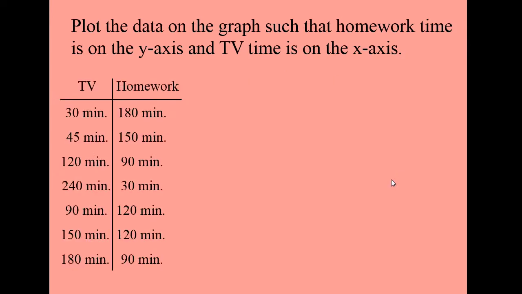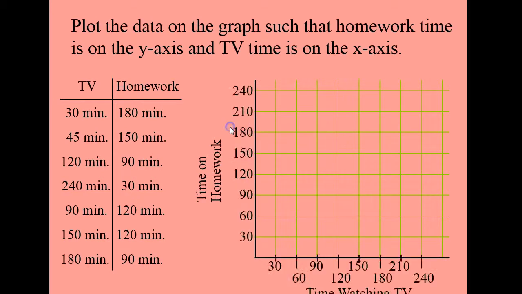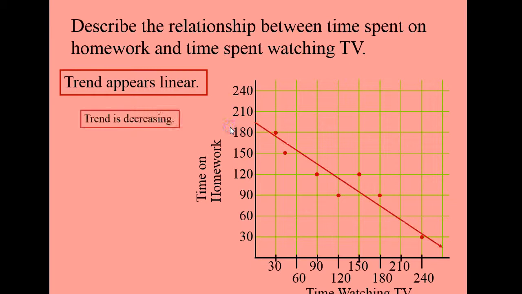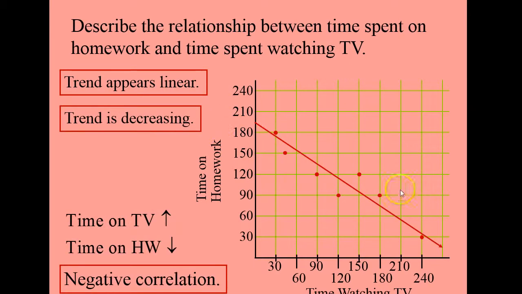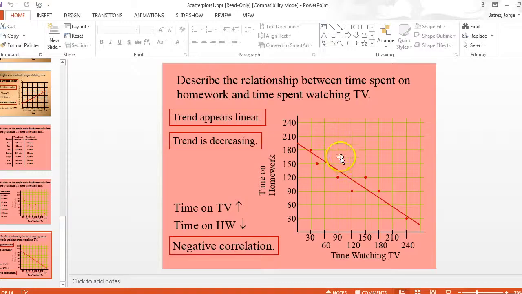If we were to plot this data, TV versus homework, well, you can just tell that it's going to be a negative correlation. Negative correlation. So again, using this trend line, which is what we're going to do in class, we can kind of predict with certainty what everybody's going to get.